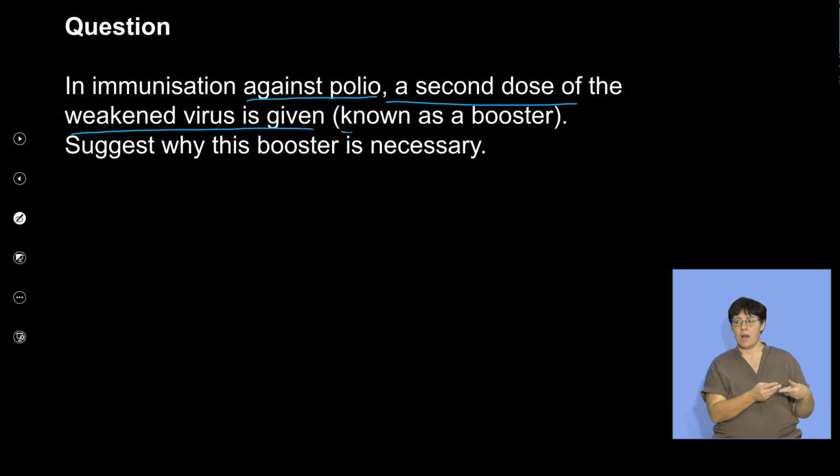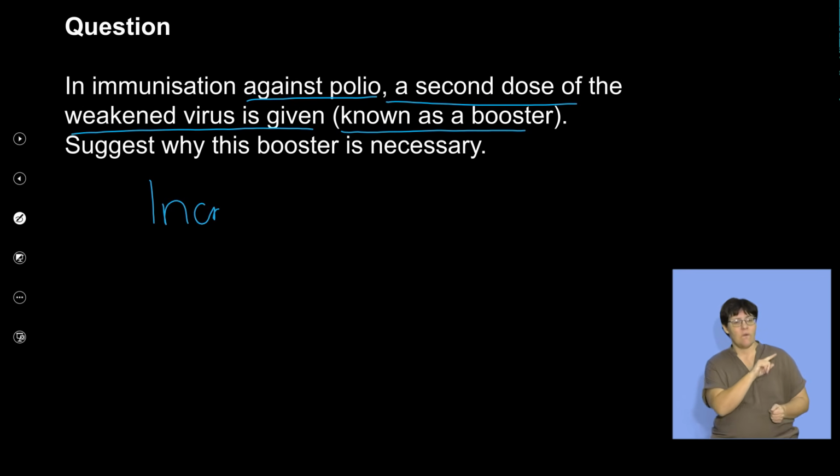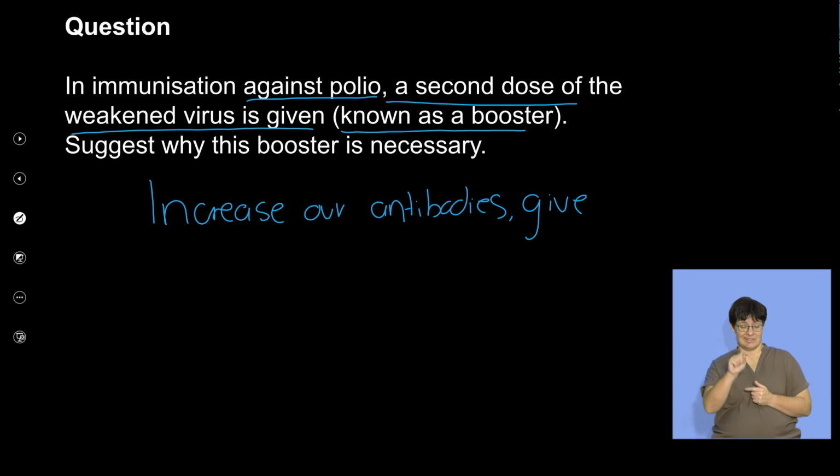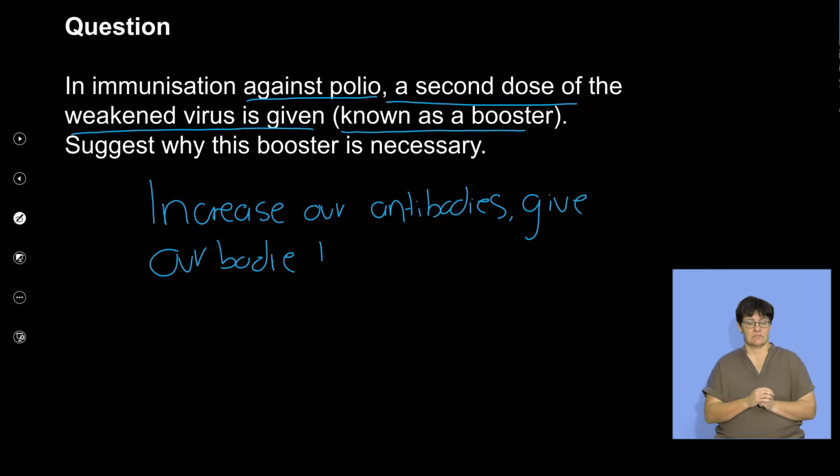In immunization against polio, a second dose of the weakened virus is given. This is called a booster. Guys, why is this booster necessary? It would increase our antibodies and give our bodies a boost. What does a boost mean?